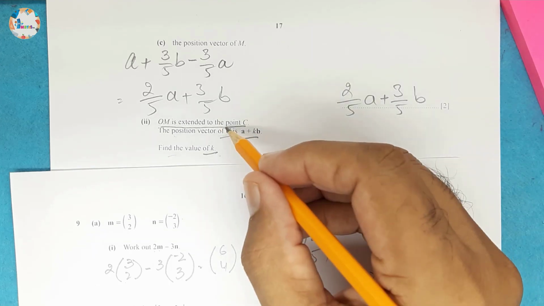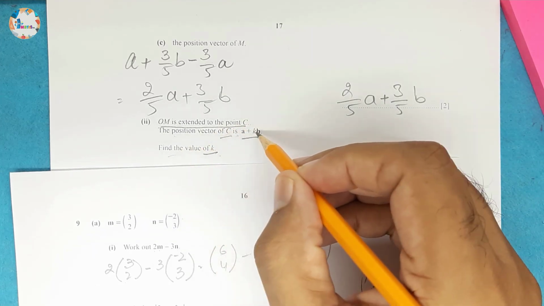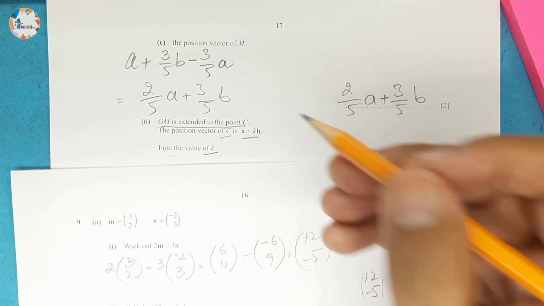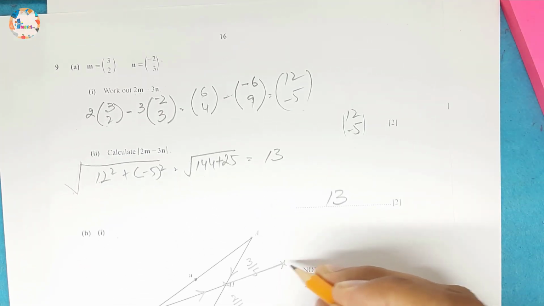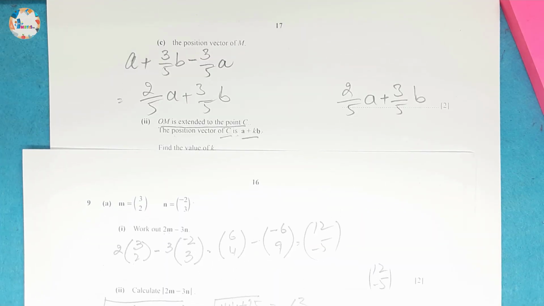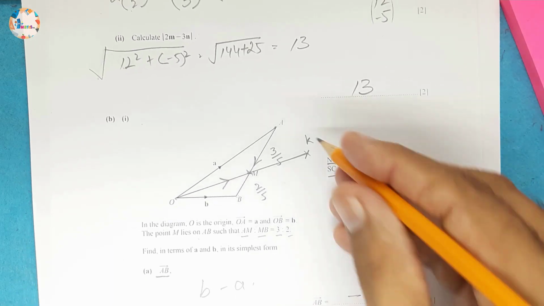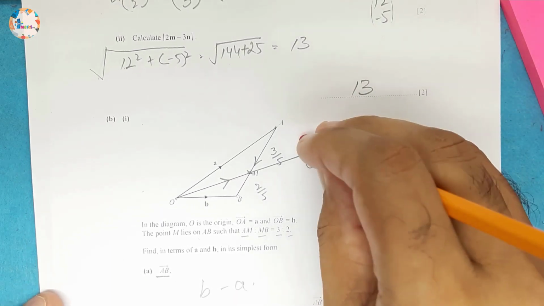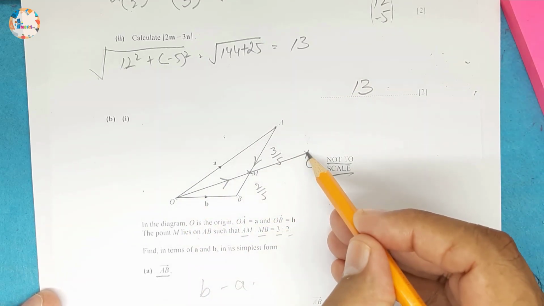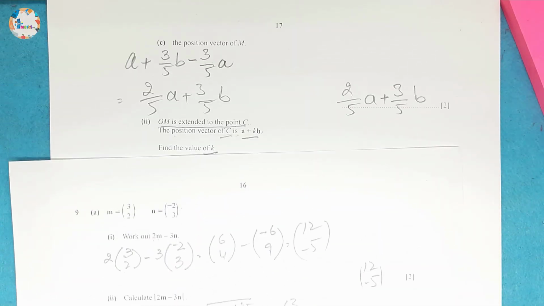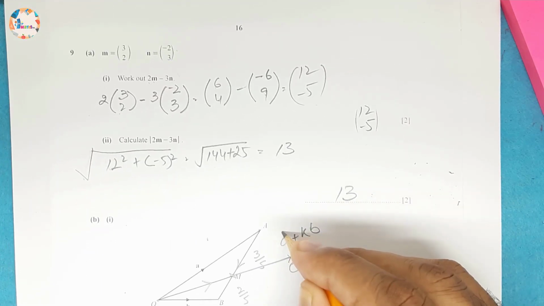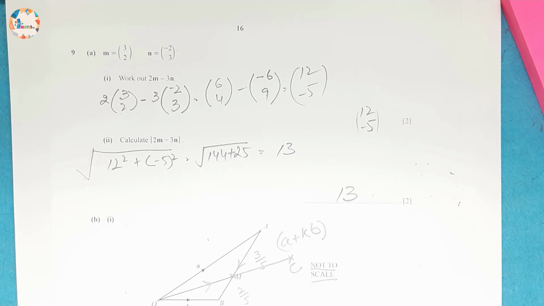The position vector of C is a plus kb. So this is basically C, not k. So this one, the position vector OC, is a plus kb. This one is the position vector for this one.